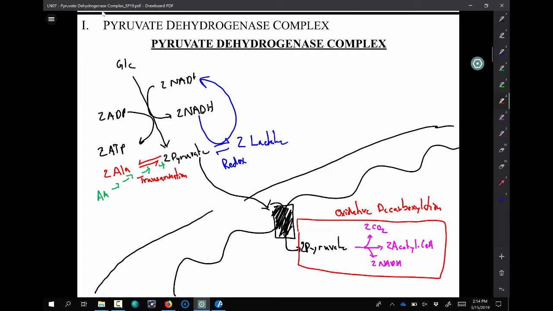Now, there's one other thing that I want to go ahead and mention now because it will pay dividends later on, that we will discuss. We've actually already looked at this, but this is going to be an important aspect of mitochondrial metabolism, in particular for the citric acid cycle. Pyruvate can become 2-oxaloacetate, or oxaloacetate. And that would be pyruvate carboxylase that does that.